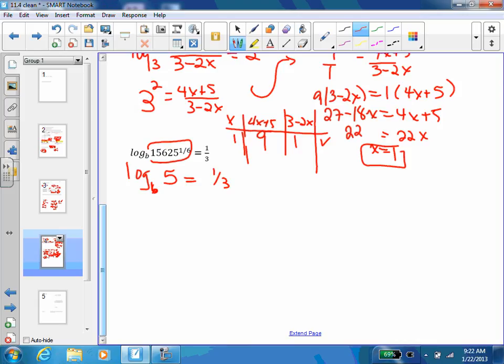Change it. So what would I write if I'm going to change it? And so how do I solve for b? Yeah, I cube it. So you're just using all of these rules that we just had a test over, right?